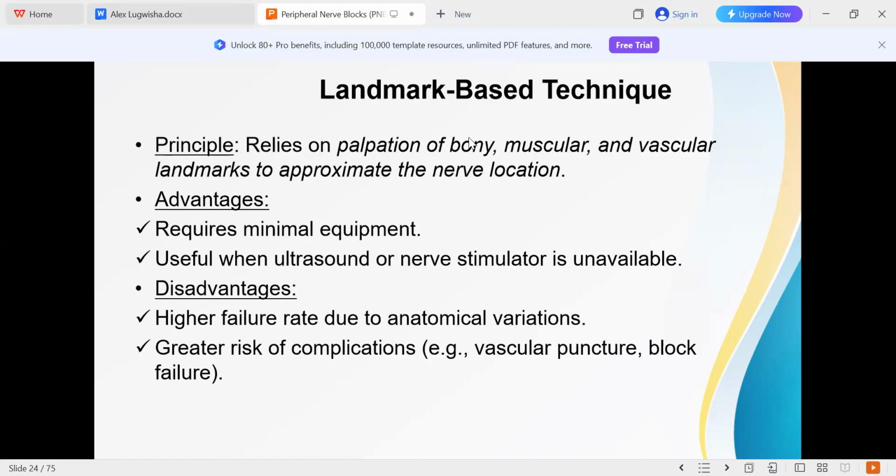So whether you're using landmark, peripheral nerve stimulator, or ultrasound, knowledge of anatomy is quite important. Landmark technique requires minimal equipment. It's useful when you don't have ultrasound or nerve stimulator with you. However, it's associated with high failure rate due to anatomical variations and greater risk of complications.